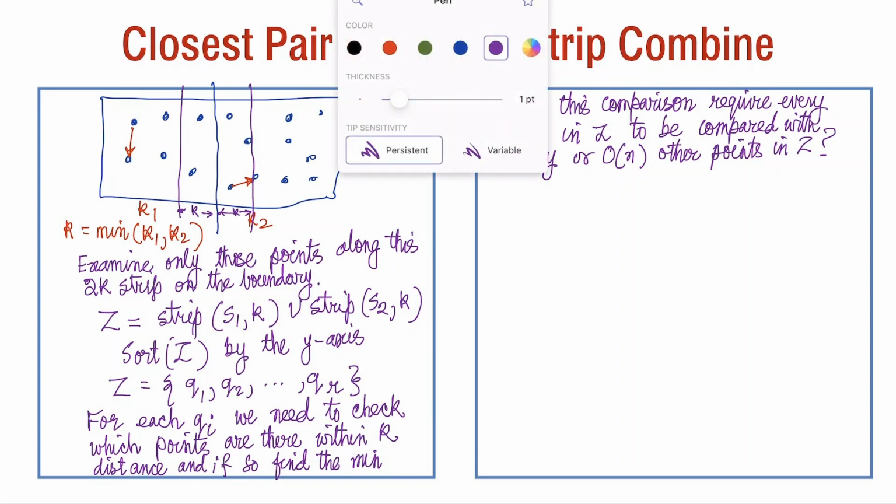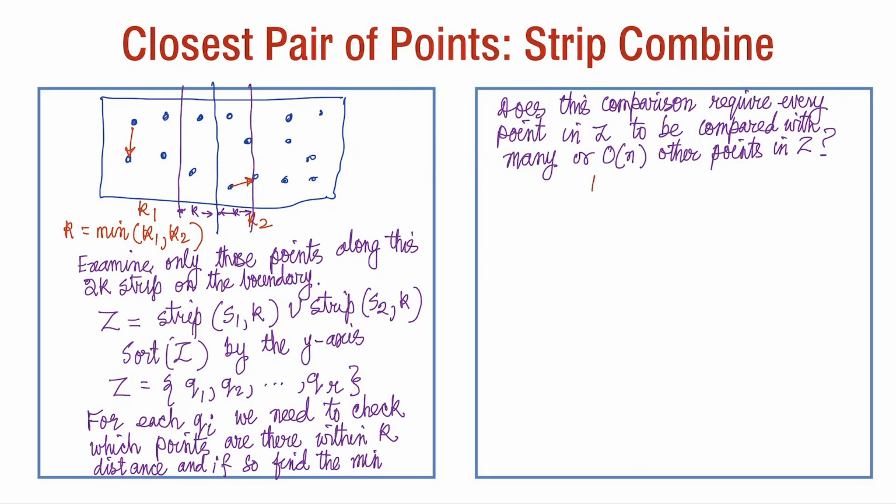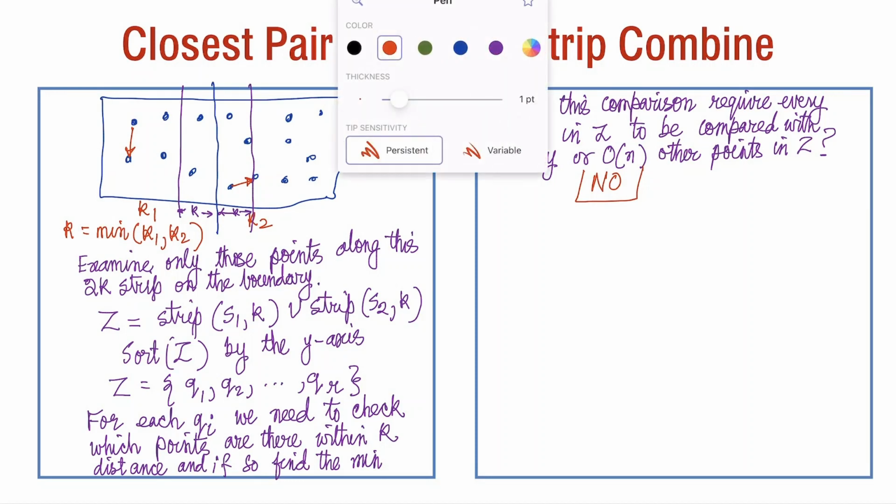The answer to this is no. The reason is that because k is the minimum of left side and right side, therefore there aren't points which are within distance of k either among the points on the left side or among the points on the right side.